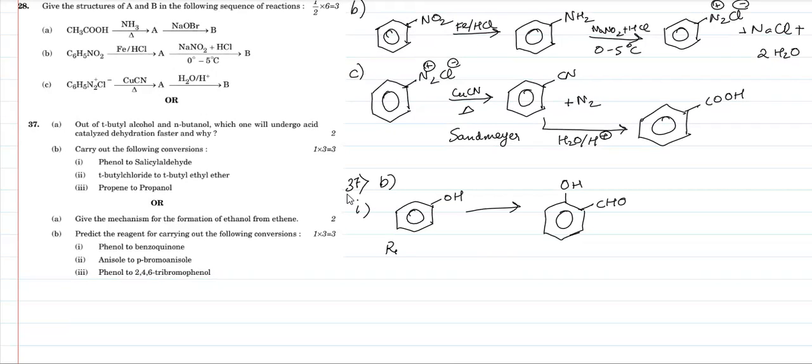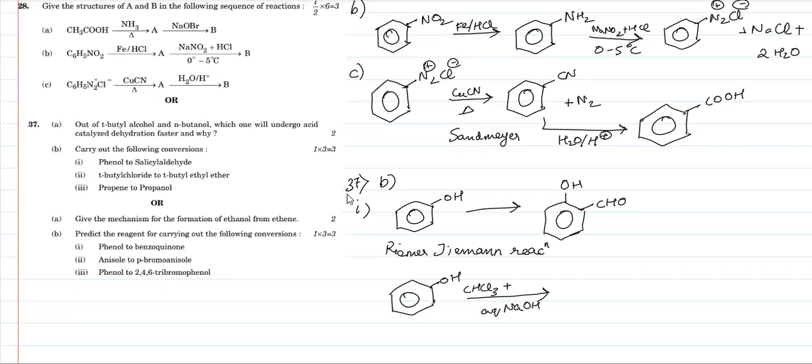Reimer-Tiemann reaction. I hope I'm pronouncing it correctly. So in this reaction, what we do is we have phenol undergoing a chemical reaction with CHCl3, chloroform, and aqueous sodium hydroxide.